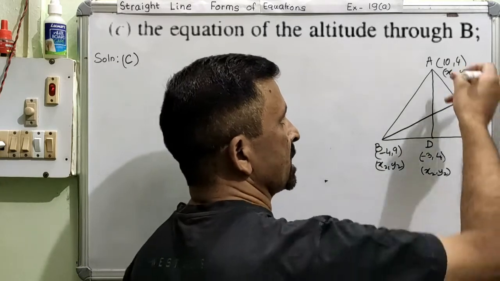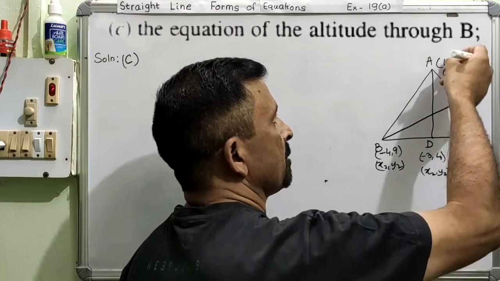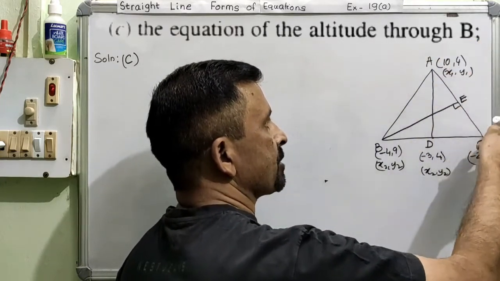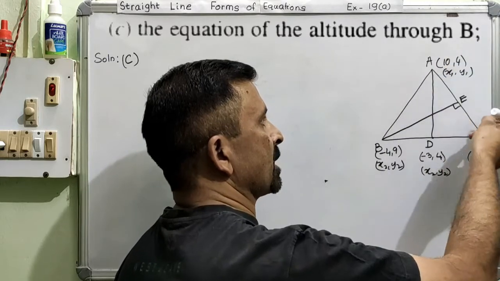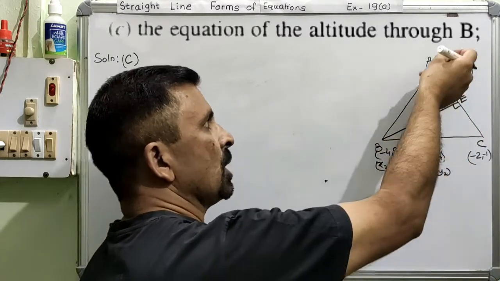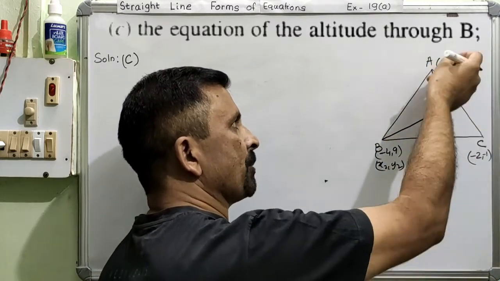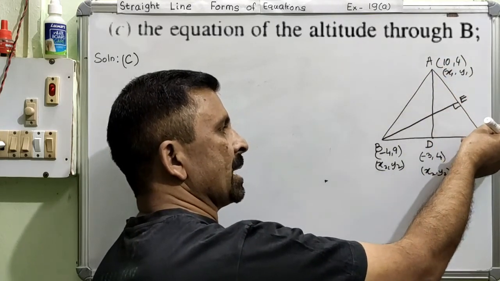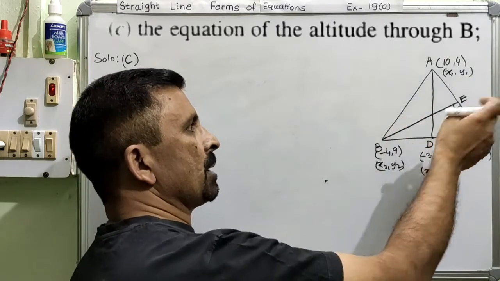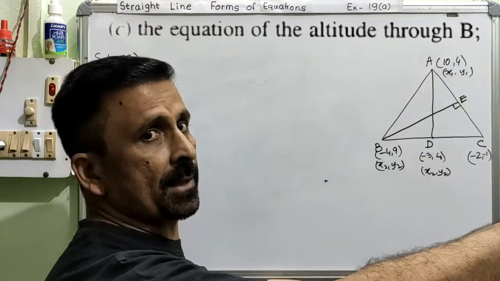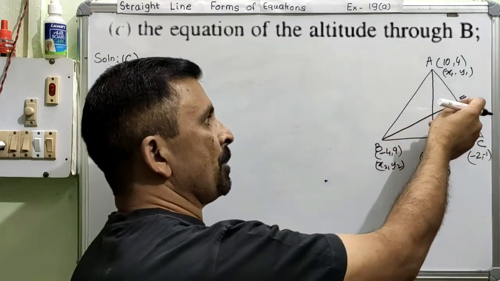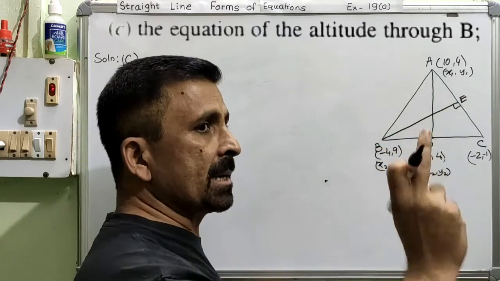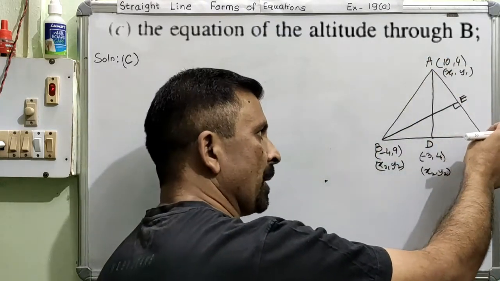We will first find the slope of line AC, because it is perpendicular to your BE. After the slope of side AC is calculated, we will find the negative reciprocal of that, because the slope of BE will be the negative reciprocal of the slope of AC.